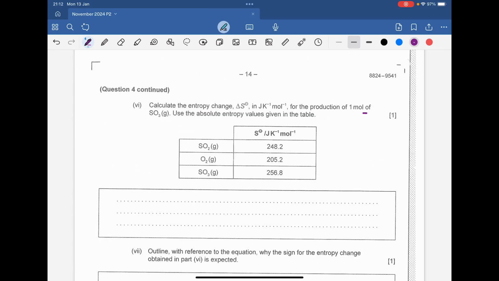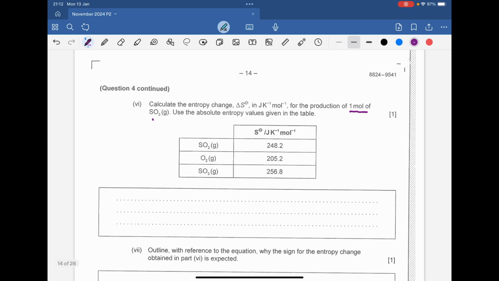Calculate the entropy change delta S naught in joule per Kelvin per mole for the production of 1 mole of SO3 gas. Use the absolute entropy values given in the table. So delta S naught will be equal to the sum of the entropies of products minus the sum of the entropies of reactants.